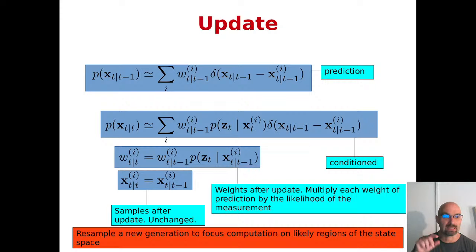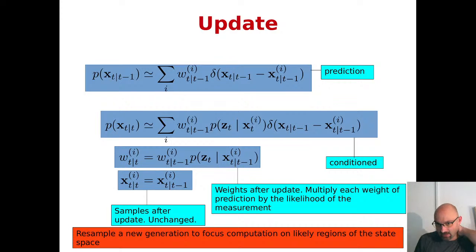And only the weights will change. They will change according to the update done by multiplying each original weight with the likelihood. But as a consequence of this, we will have that some weights will have a very, very small value, and some other weights will have a huge value compared to the others, right?